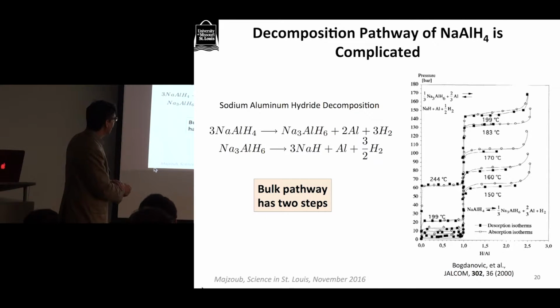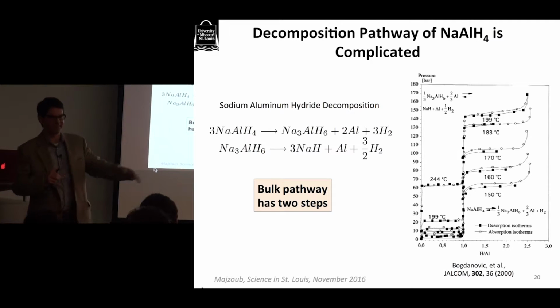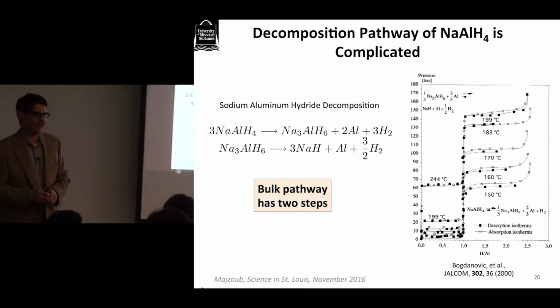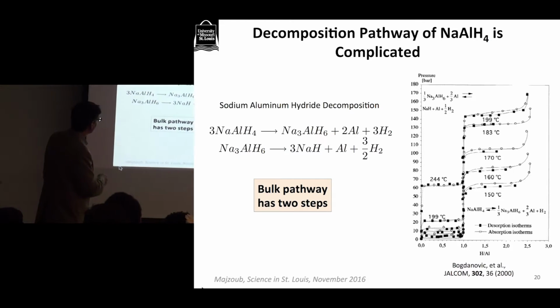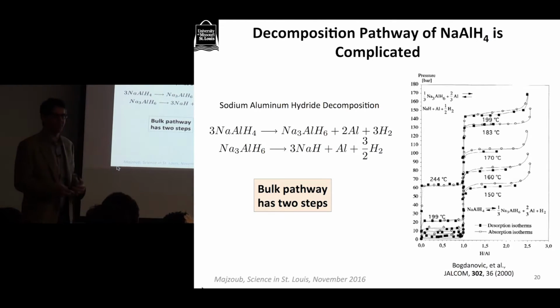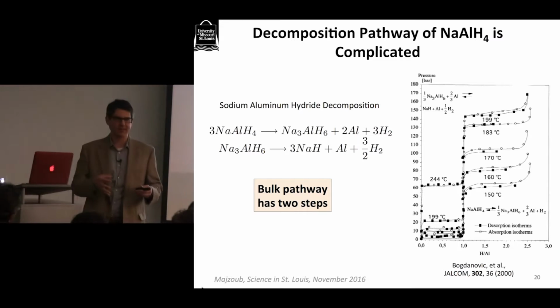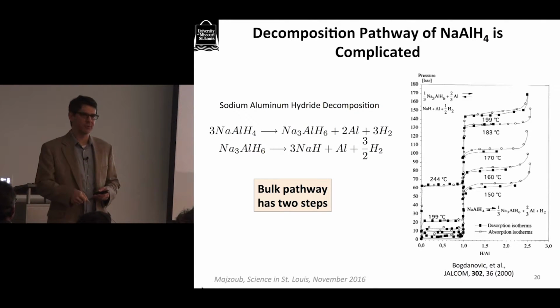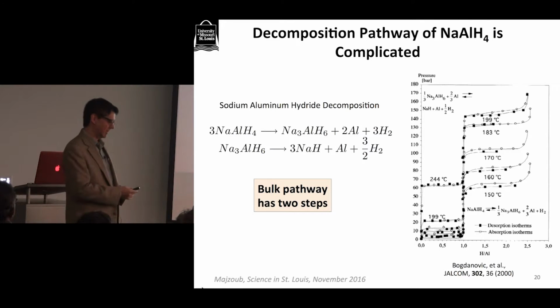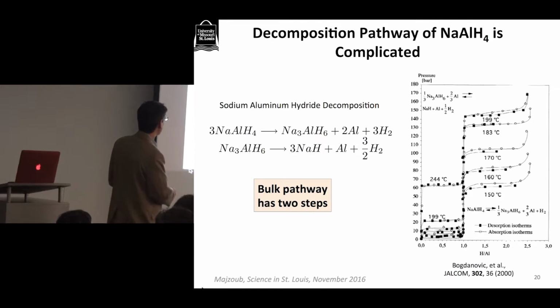And in addition to that, a little bit of aluminum gets away. And that's problematic because it's very hard to reverse these reactions and go back. So if you have this material in the tank of your car and you want to plug in your high pressure hydrogen hose and reform the material, that presents a lot of problems for us.